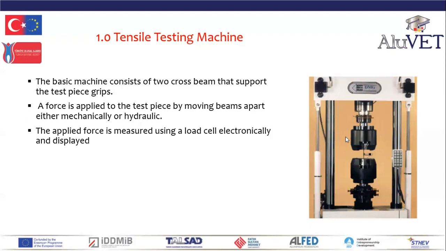Now, the force applied to the test piece by moving the cross beams is measured using a load cell electronically and is plotted against the movement of the movable cross beam. So we measure stress, the force that we apply for moving the cross beams, against the stretch or the elongation of the test piece. This measurement of applied force gives us a measure of the load.